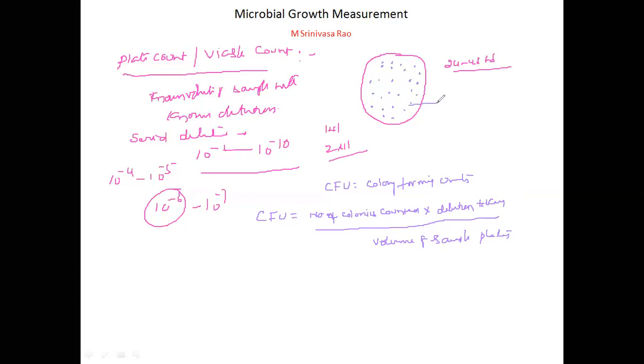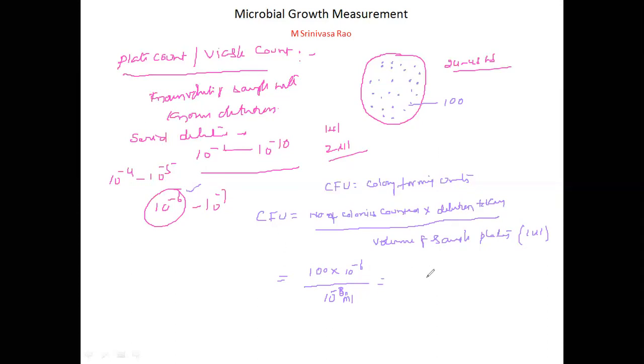For example, here you got 100 colonies and you kept a dilution of 10 to the power of 6. Now CFU is equal to 100 into 10 to the power of -6 divided by volume, maybe you have plated 1 microliter, that is 10 to the power of -3 ml, micro means 10 to the power of -6 ml.